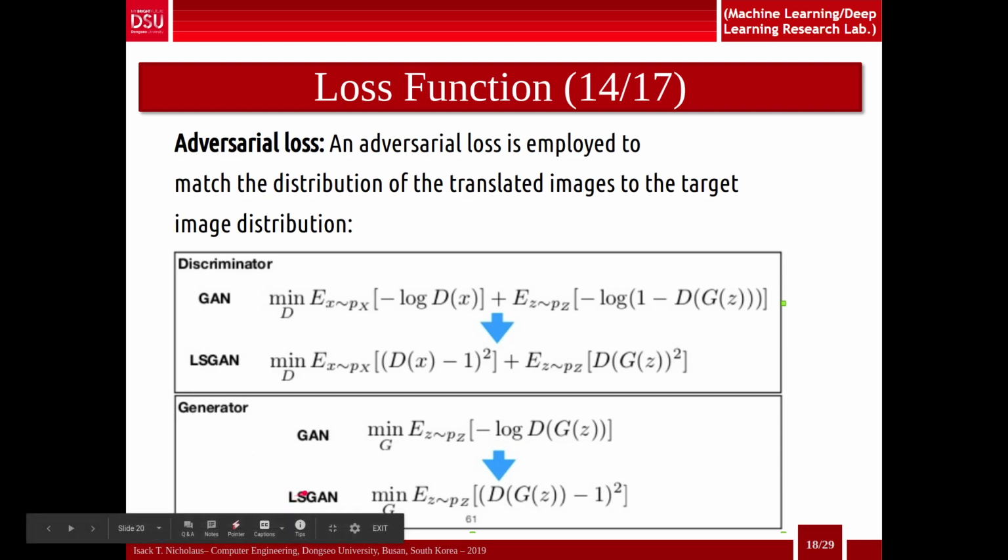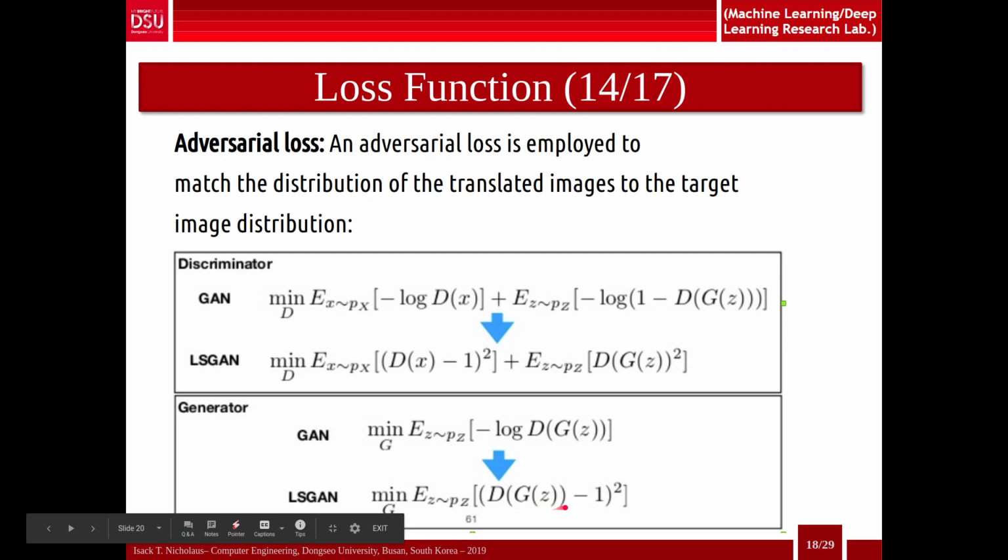On the generator side, the generator will also fight back by trying to minimize this part of the loss function, whereby given its output, it will try to fool the discriminator into giving a high score on this given input, classifying it as real, so that if it gives a high score here, it means the difference will be minimal.